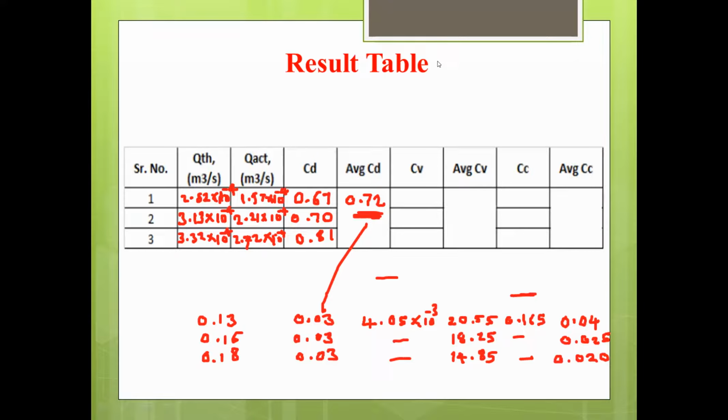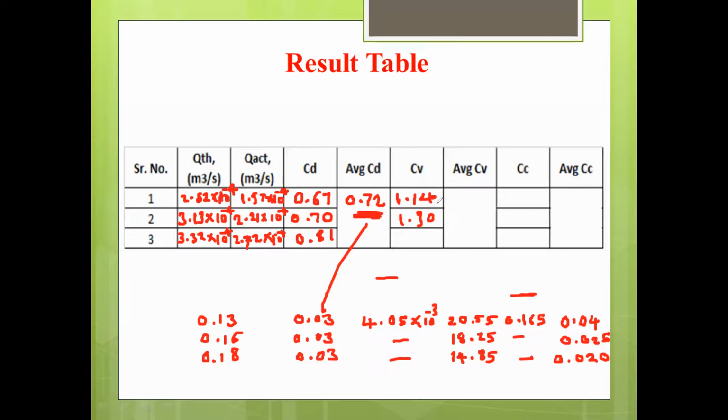It is exceeding 1. It has started to come more than one. 1.14. Okay. Then for the second reading, 0.16 is the H and Y is 0.025, bracket complete. Again, it is coming greater than 1. It is coming 1.30. Okay.